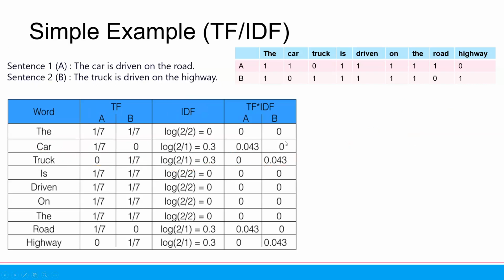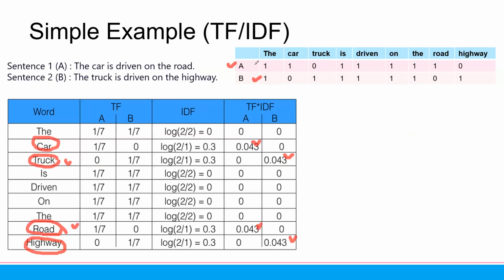If you look at this, it means this value will happen if the word is distinct. Car appears in A, but not in B. Truck appears in B, but not in A. The same with road and highway.